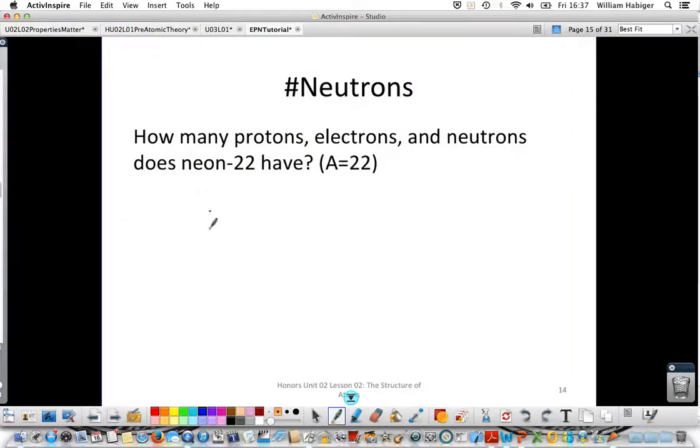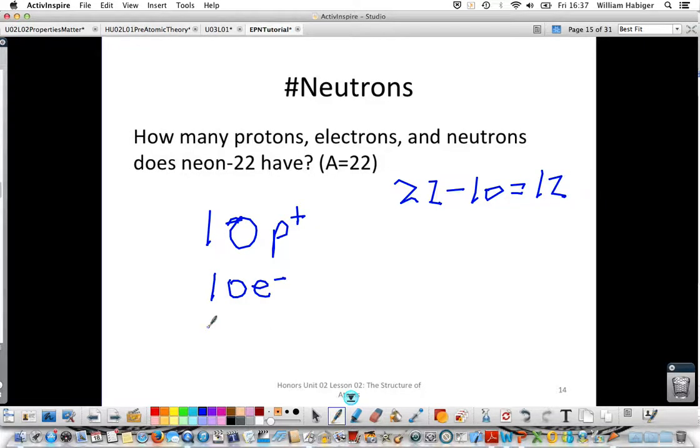It doesn't have a charge, so it's going to have 10 electrons. To find the number of neutrons, we take the mass number, 22, minus the atomic number, 10. 22 minus 10 is equal to 12. So it's going to have 12 neutrons.